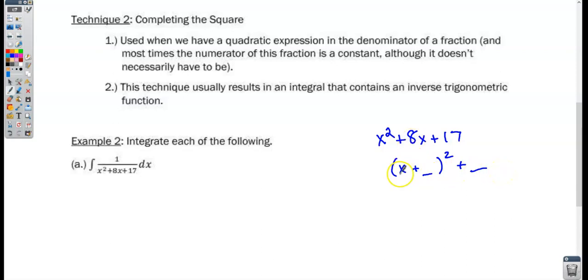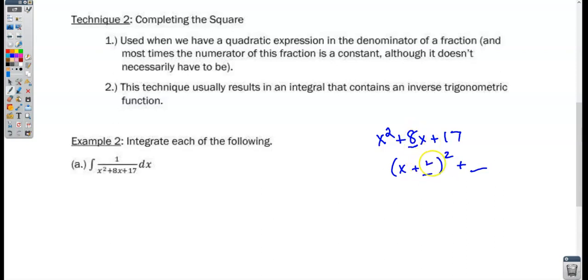And the way we complete the square is we figure out what the value of this number is going to be, so that when I expand this squared expression, we're going to have this number of x's. And the way we figure out this number is by taking the quote-unquote b value of the quadratic expression and dividing it by 2.